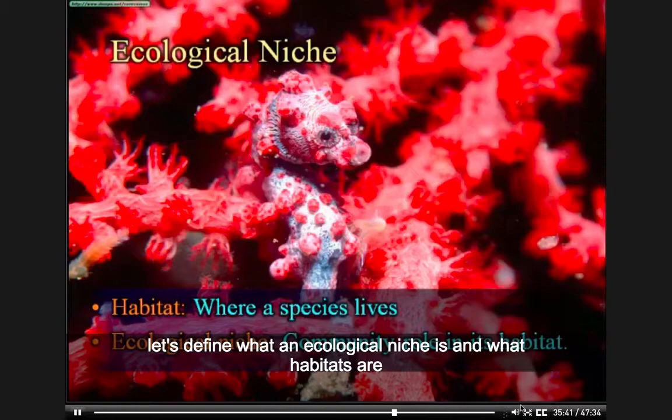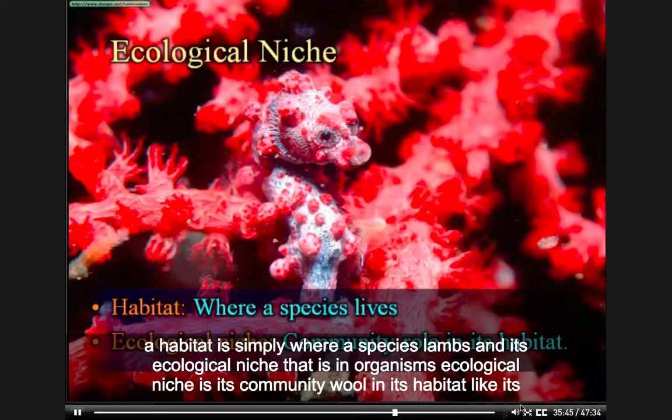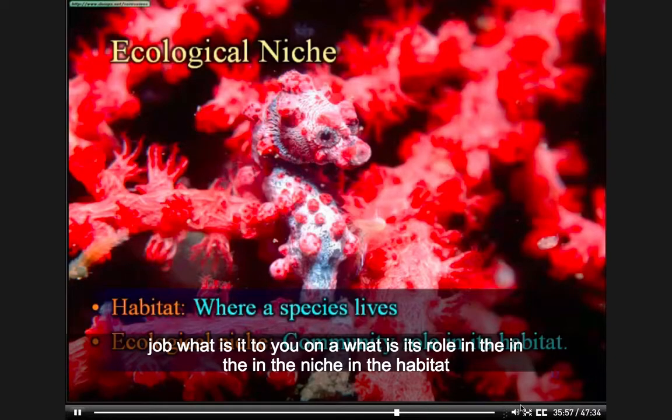Let's define what an ecological niche is and what habitats are. A habitat is simply where a species lives, and its ecological niche, that is an organism's ecological niche, is its community role in its habitat, like its job. What does it do? What is its role in the niche, in the habitat?